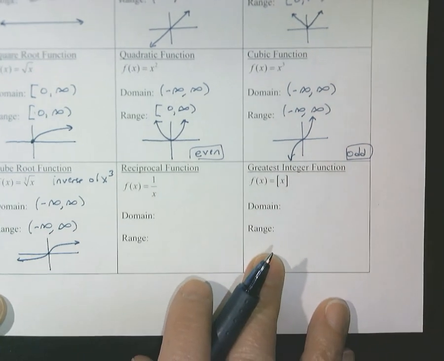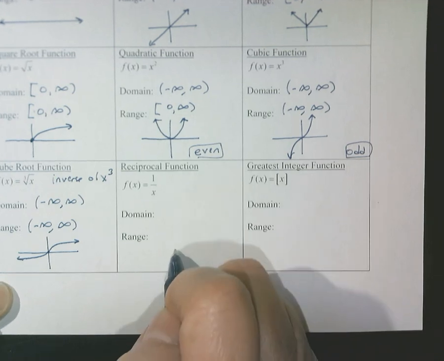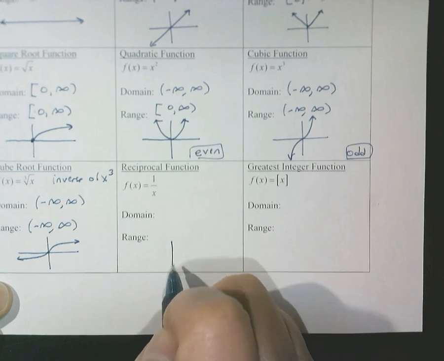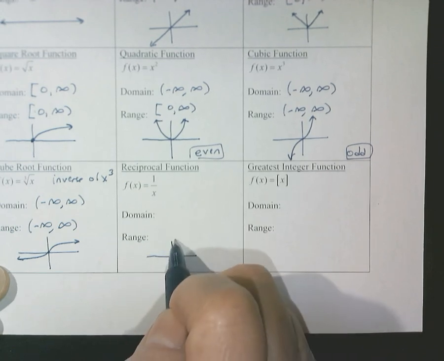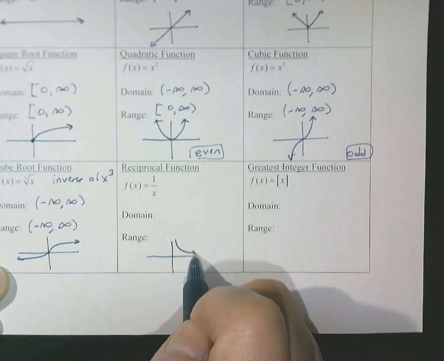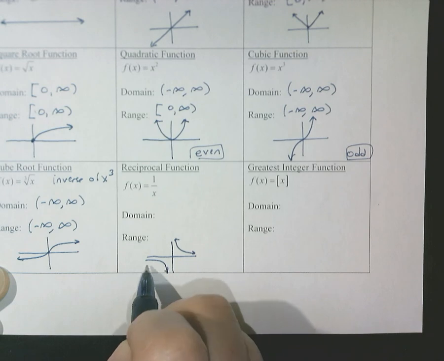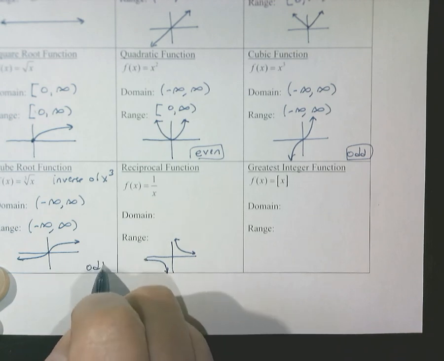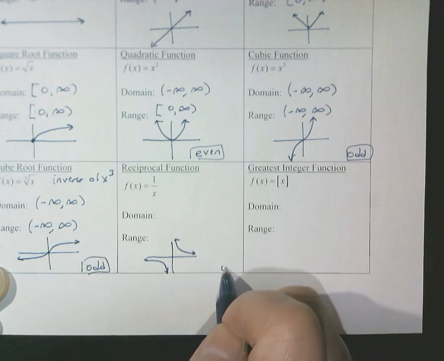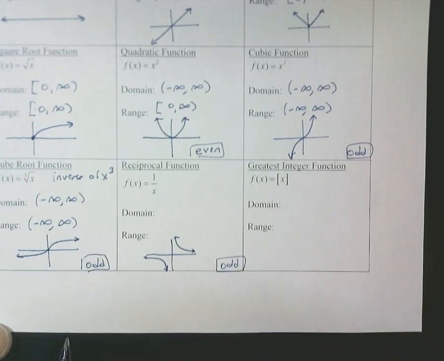The reciprocal function's a lot more unique than the other functions that we study. We're going to spend a section alone just on reciprocal functions. This particular reciprocal function, 1 over x, is all in the first quadrant and all in the third quadrant. So cube root is odd. Reciprocal function, just this specific one, is odd.